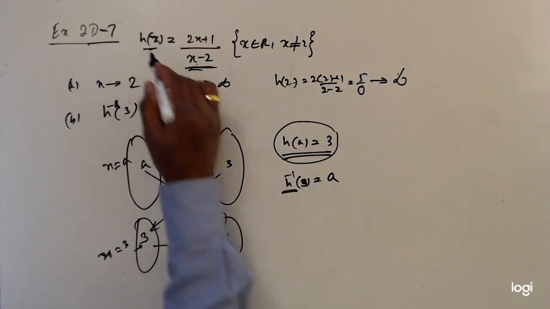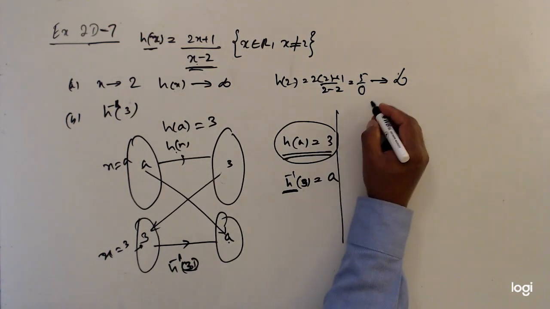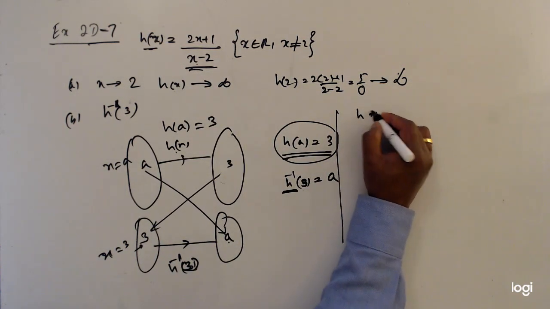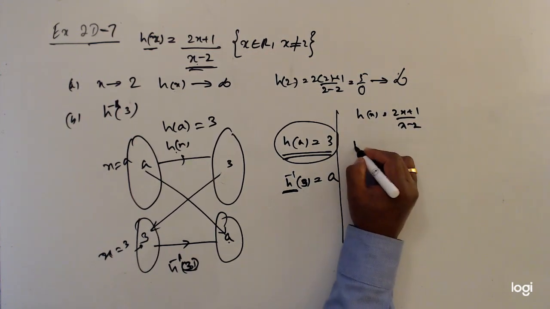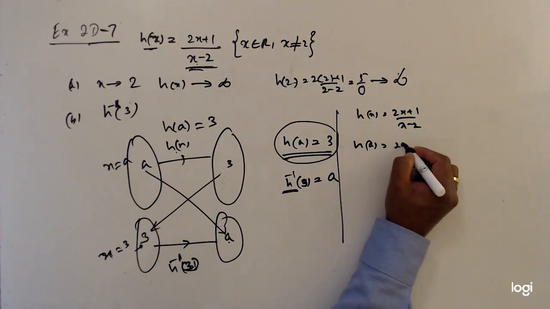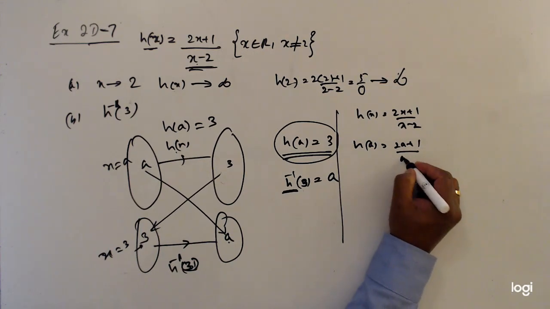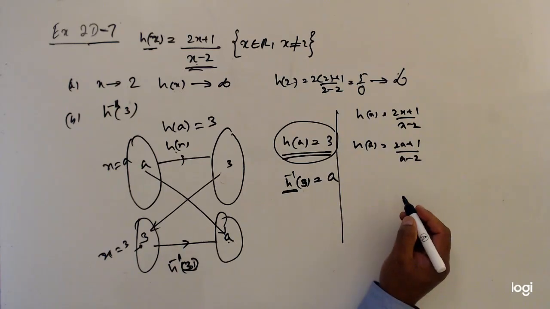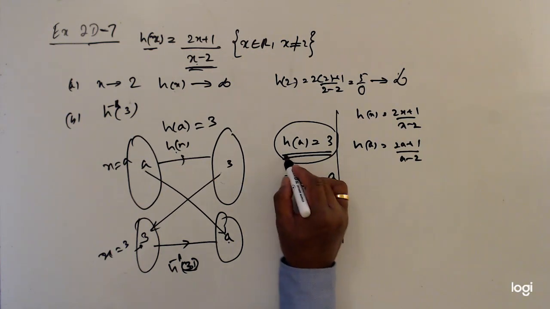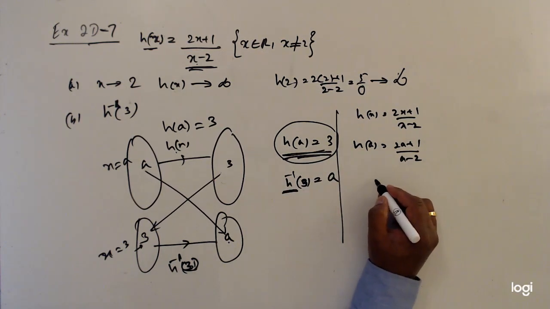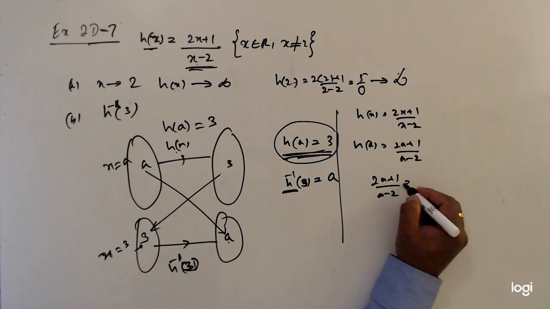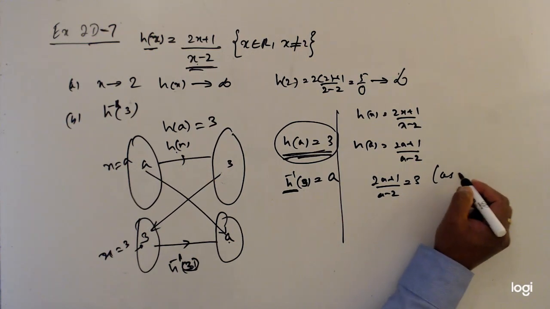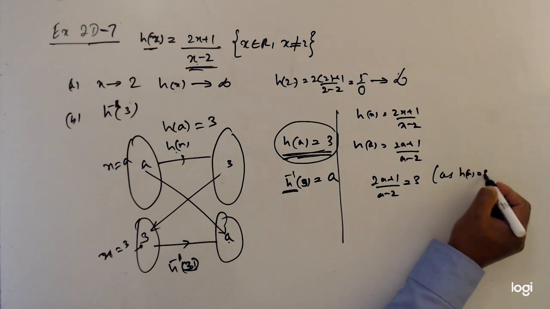Now hx is 2x plus 1 over x minus 2. Then ha equals 2a plus 1 over a minus 2. So the equation is ha equals 3, so 2a plus 1 over a minus 2 equals 3.